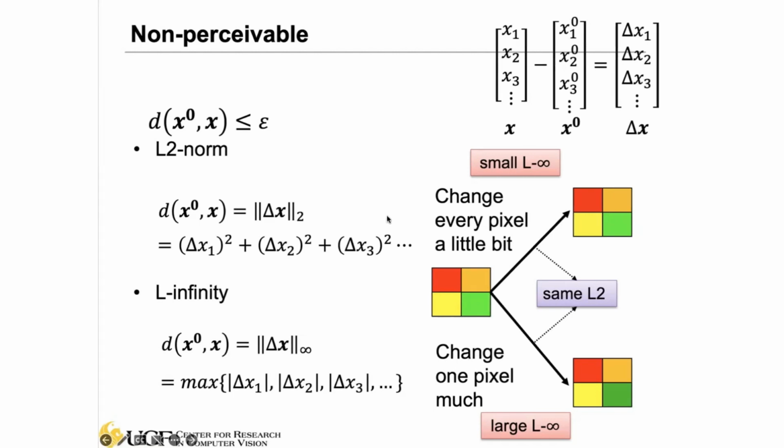So technically, we can see that L infinity is going to be a better measurement or metric, because the goal here is that we want to add something that is not perceived by humans, right? So the L infinity seems to be a better change detector as compared to L2. In this case, the L infinity is larger, and we are able to detect there's a large change that has been made to this image.